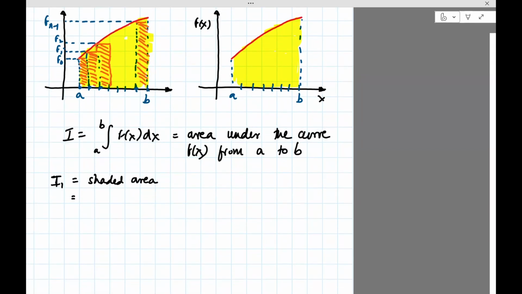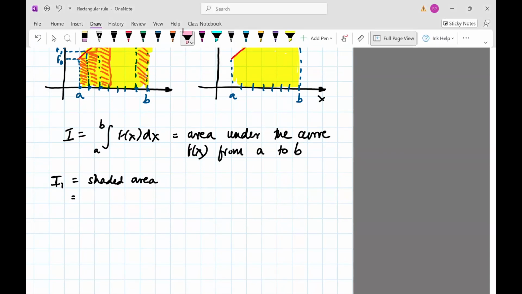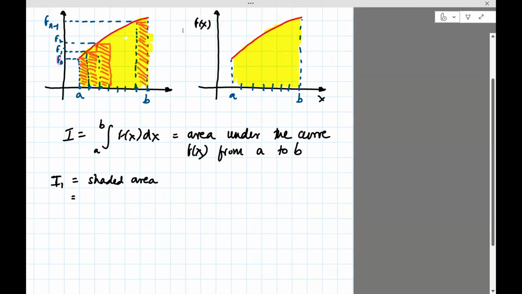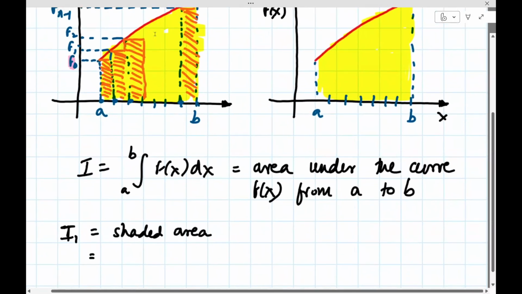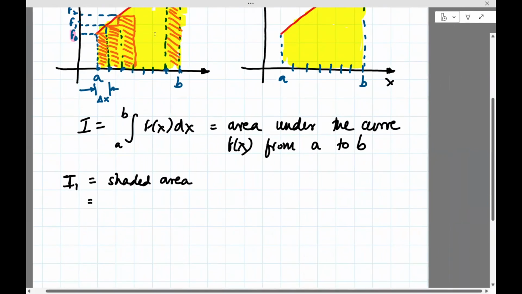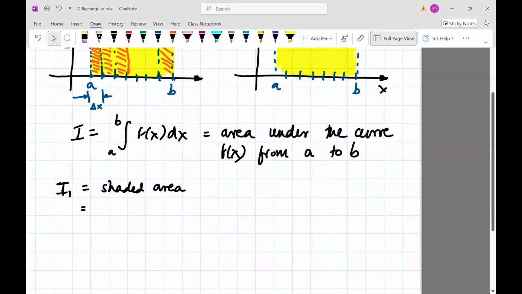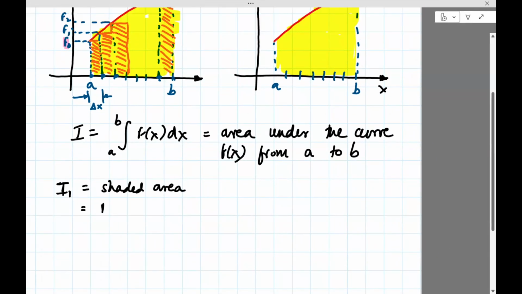Okay, so the first rectangle, you can see that we have f0 is the height, and I should also put the width. Say that the width is delta x. I'll compute delta x in just a bit. So delta x is the width of each of those. So the first one is going to give me f0 times delta x.